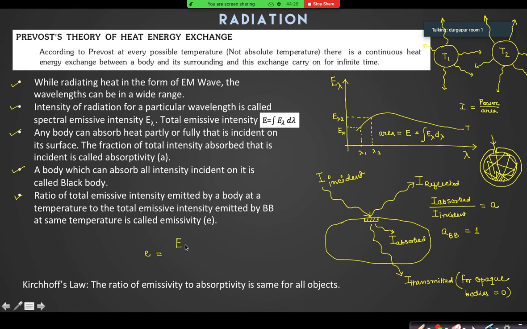So it is E of the black body at temperature T divided by E of the body at temperature T. Right? Okay. So this ratio is the emissivity.